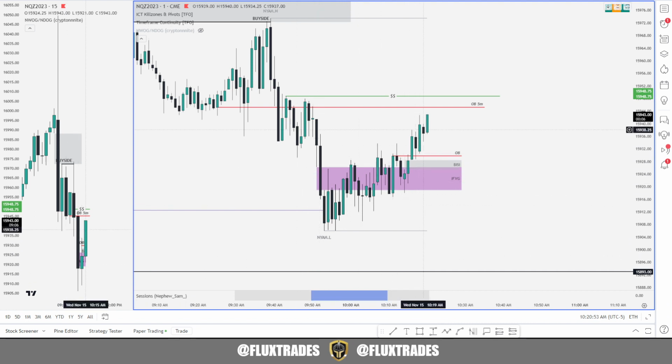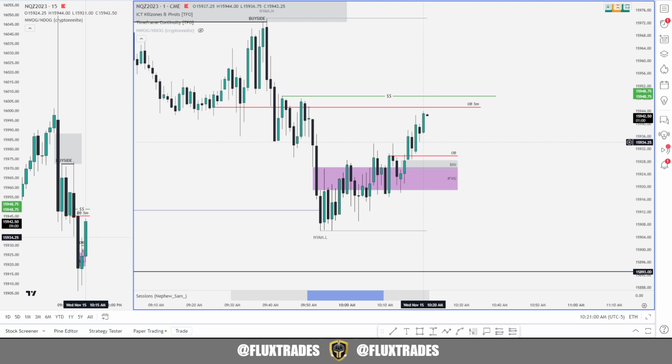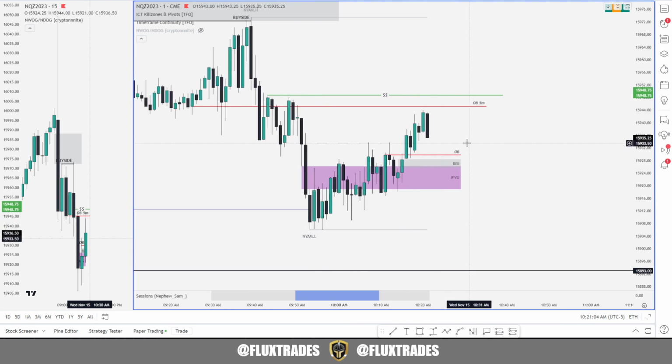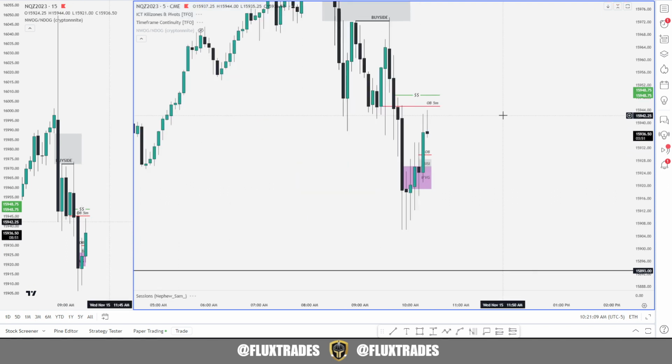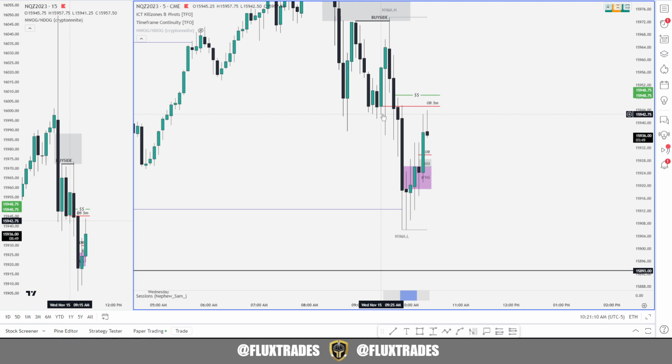High resistance liquidity run. Still watching this buy up here. Got close to it. Did it tap into the 5-minute? Tapped into the wick.